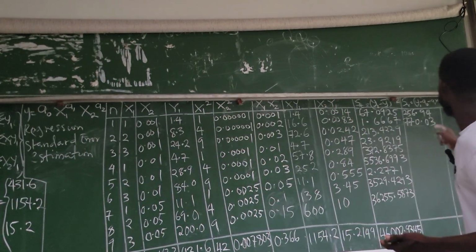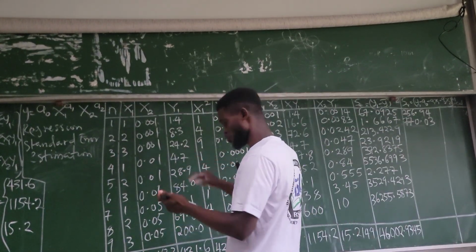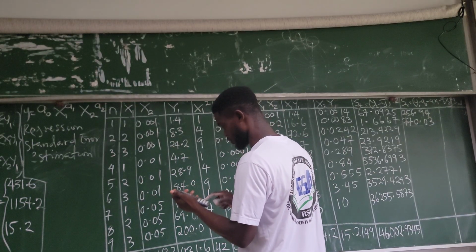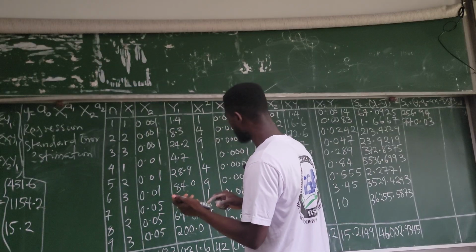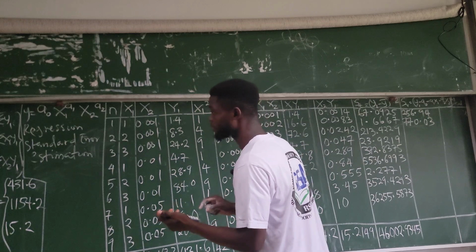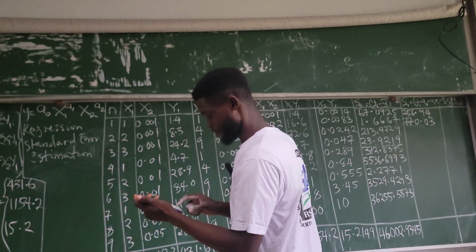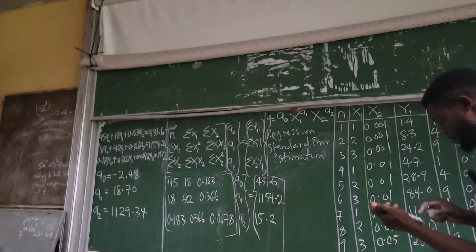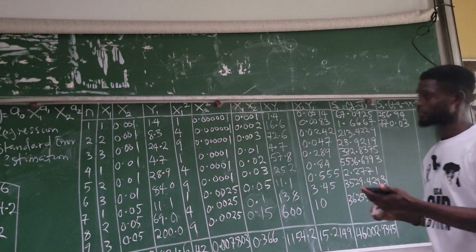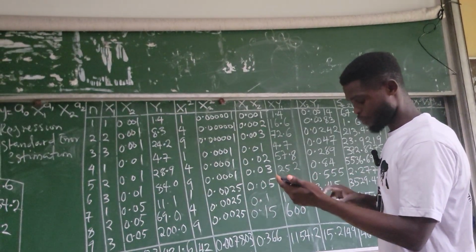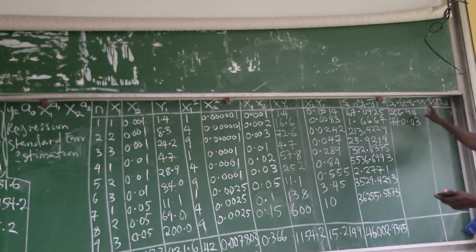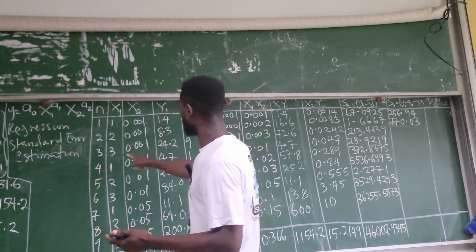Okay, after doing that, we also do the same thing. Our y1 on that column is 24.2 minus bracket minus 2.48 minus, then our A1 is 18.70 times x1 on that column. X1 on that column is what? 3.